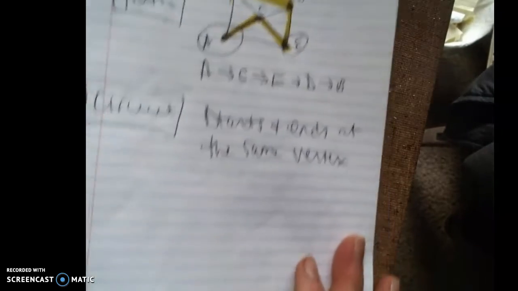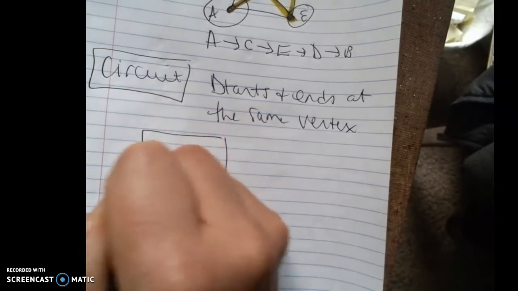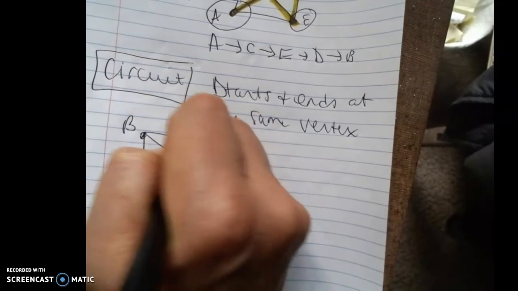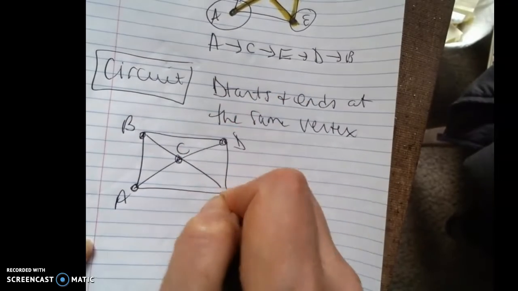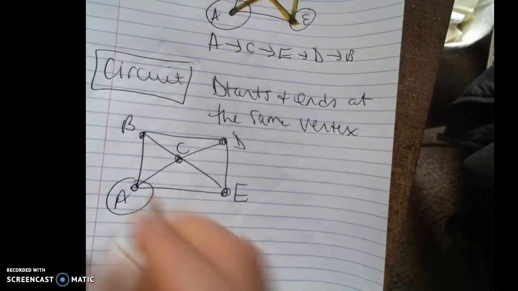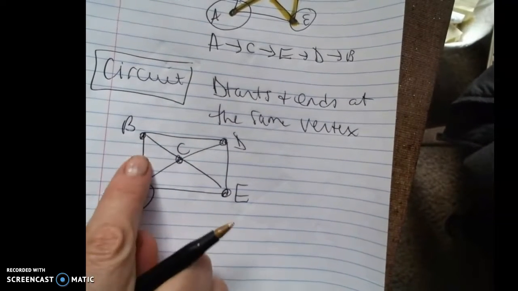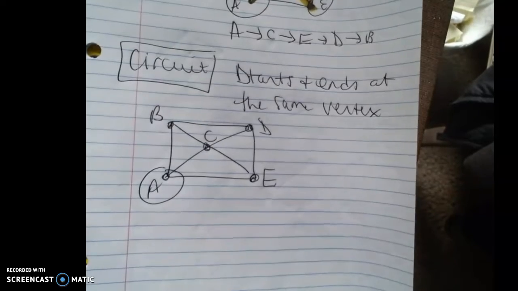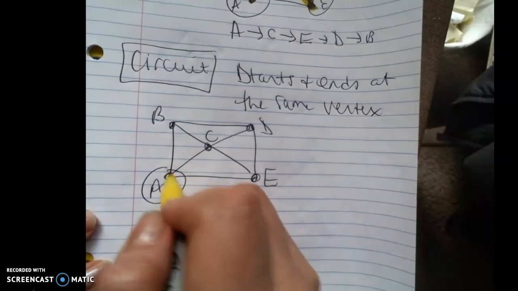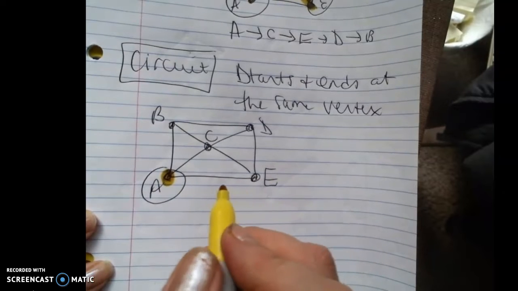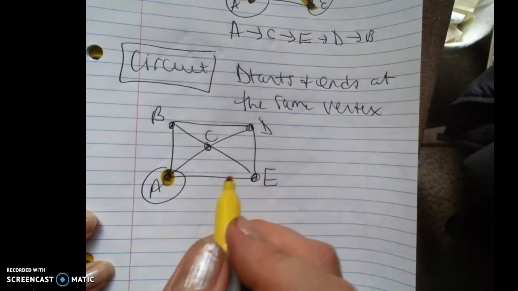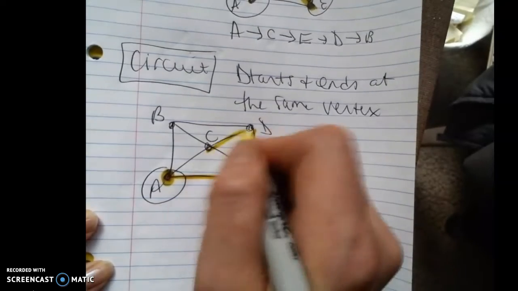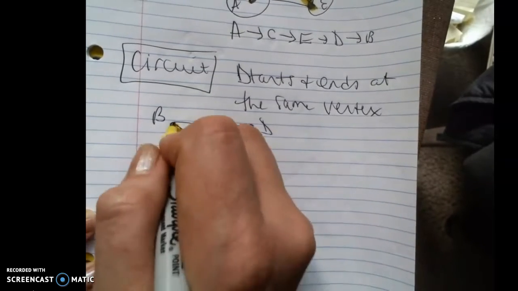So I'll redraw my example up there. Here's A, here's B, here's C, here's D, here's E. If I start with A, I want to get back to A. So this one, I didn't get back to A, but I could if I wanted to. I could do it differently. Say I want to get back to A, I could maybe go A to E, E to D, D to C, C to B, and then I could go back.